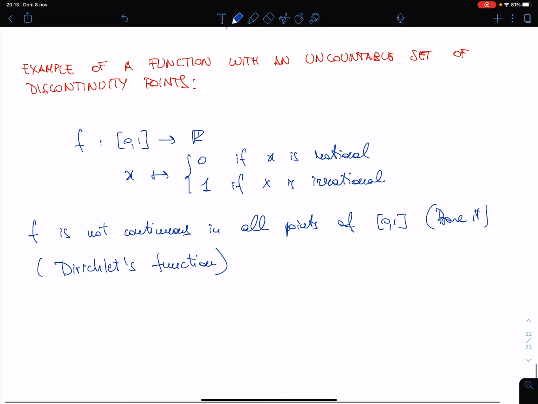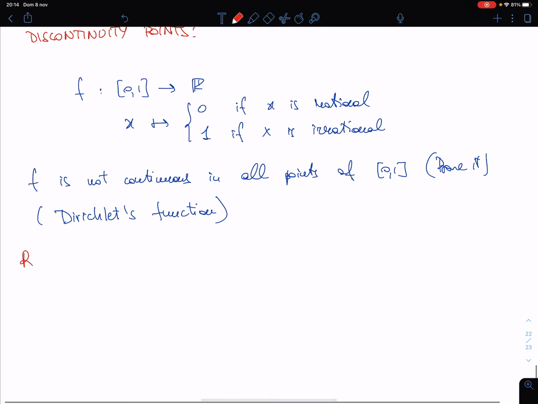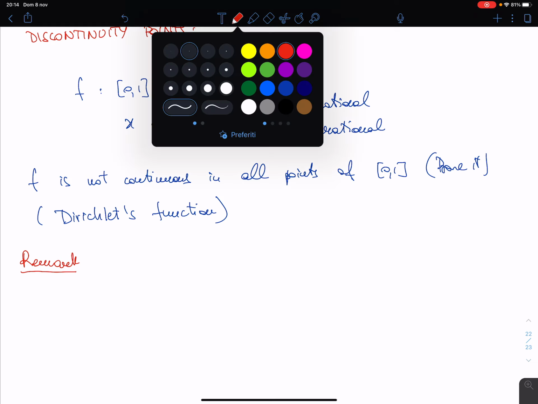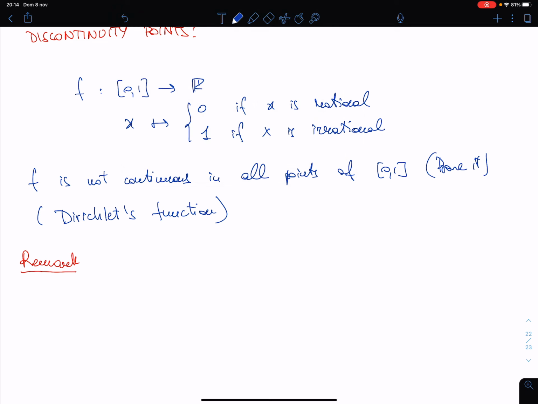The last thing I want to stress, it is very important again, it is a remark. The remark says that, let E in R, X bar is an accumulation point of E, both from the left and from the right.